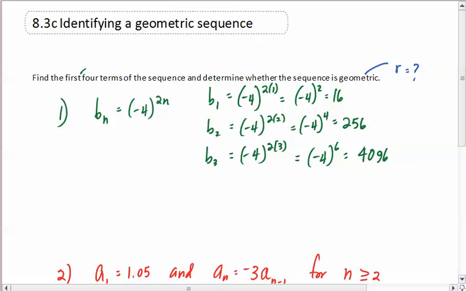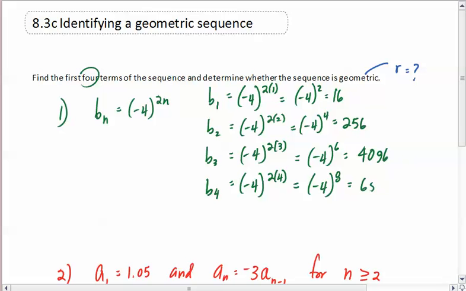And it did say to find the first four, so we'll go ahead and find one more. We can tell right now by looking at it if it has a common ratio, but we're going to go ahead and do what the directions say.